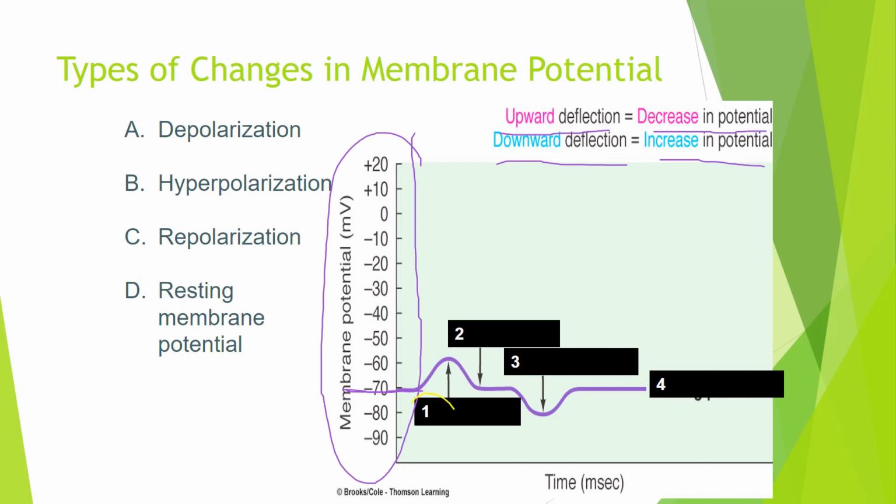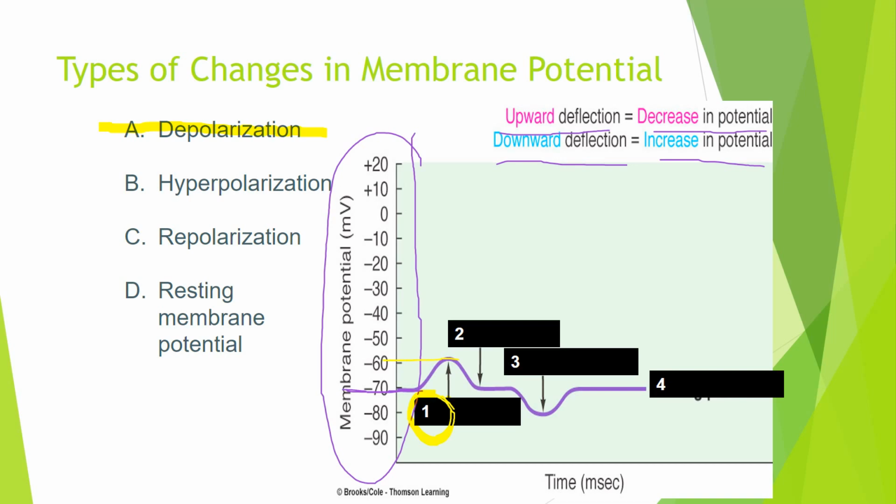Here at stage 1, we have an upward deflection. So this is becoming depolarized, because we're becoming less negative. You can see the difference when we look at the voltage, it is at around negative 58.